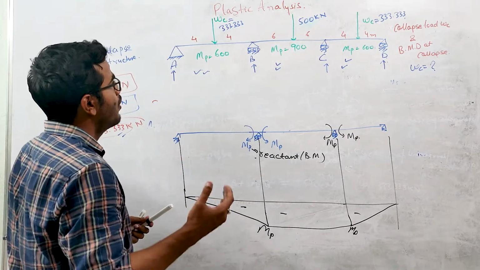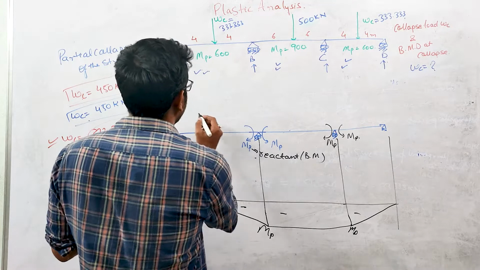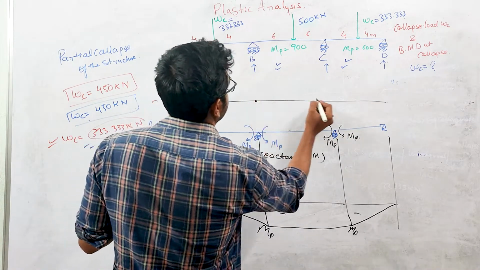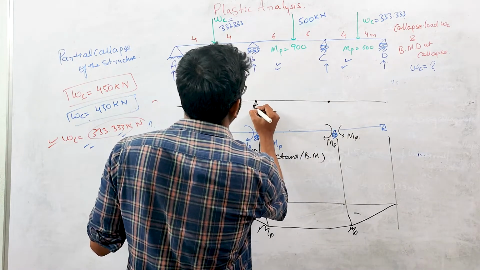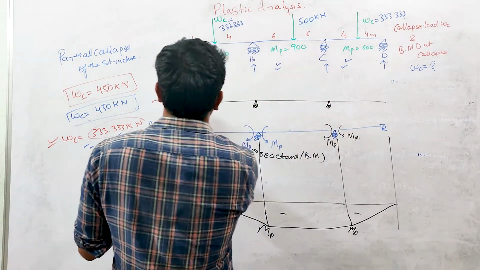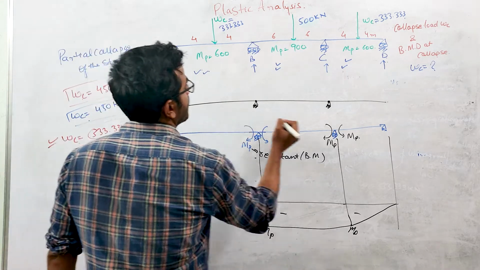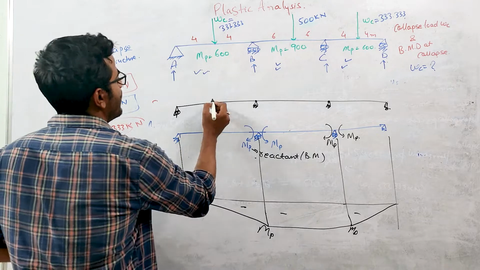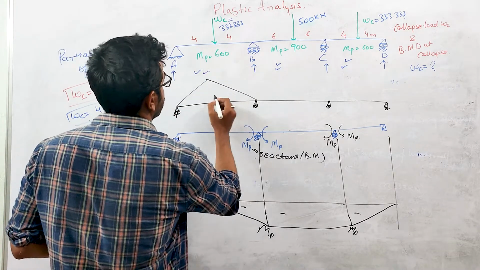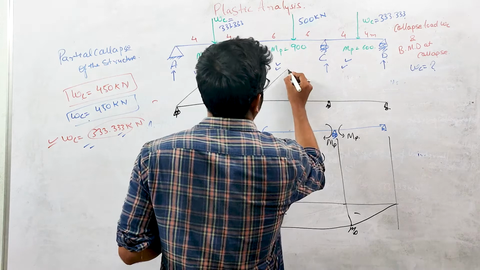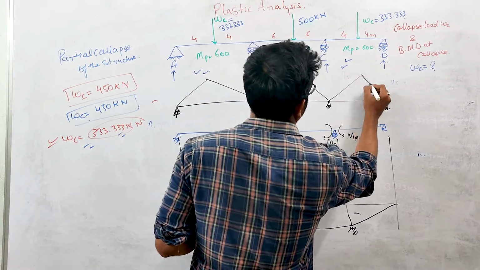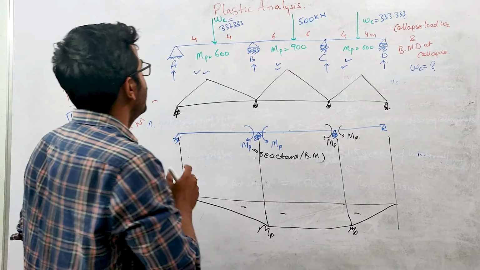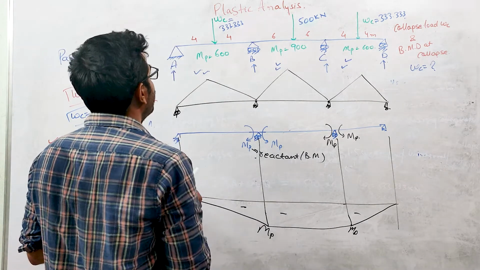And if you draw the free bending moment diagram for this beam, considering this point as a redundant, the bending moment diagram for these spans will look like this, and the value will be PL by 4. The maximum bending moment will be PL by 4.